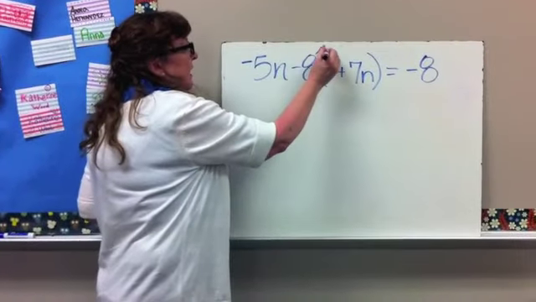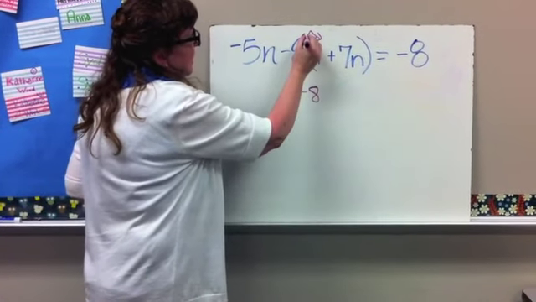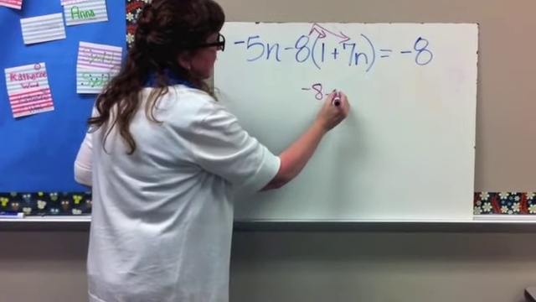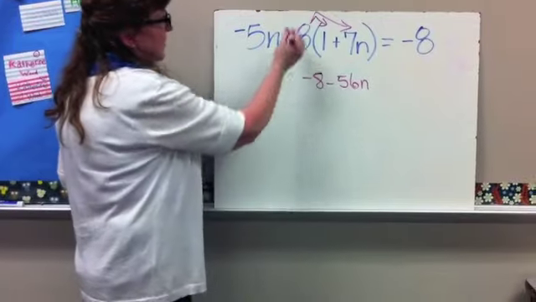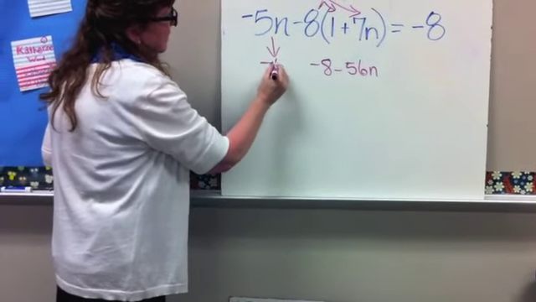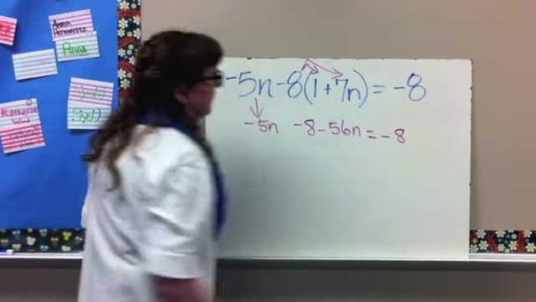So here I've got negative 8 times 1, so that's negative 8. Negative 8 times 7n, that's minus 56n. Parentheses are gone when you distribute. I'm just going to bring this down: negative 5n equals negative 8.